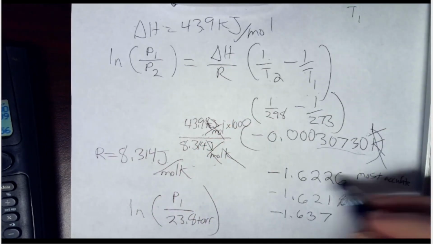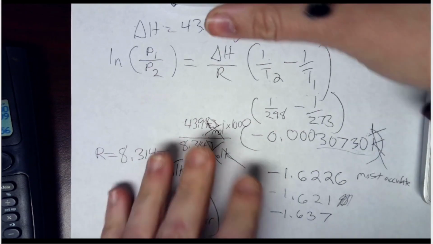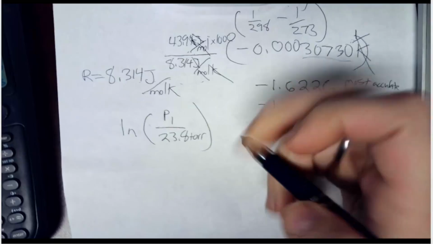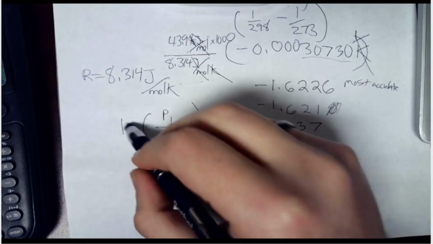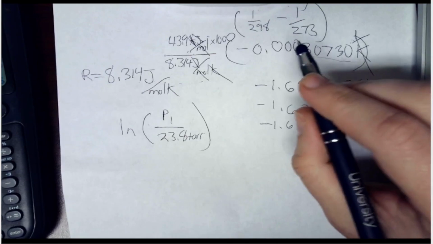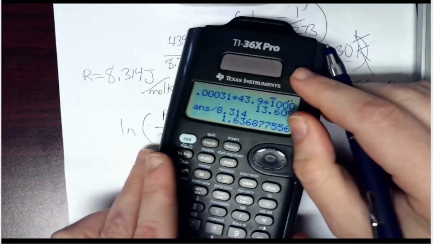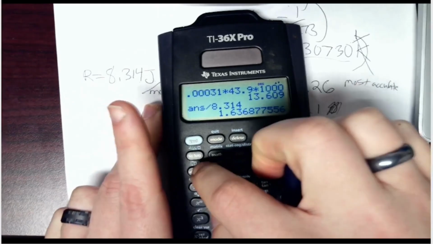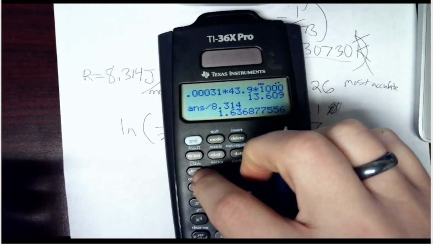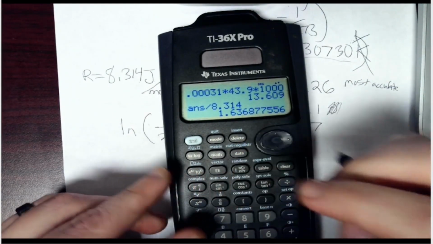Right now, this number is unitless. So, the units of my answer are going to be directly dependent on this. So, we need to get rid of this natural log. The way we get rid of this natural log is a function called exponential, the exp.